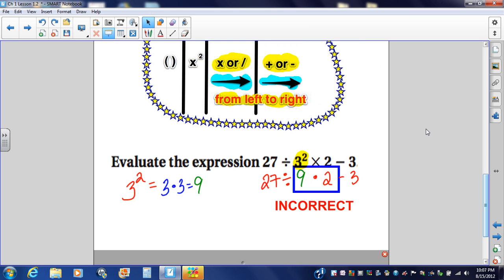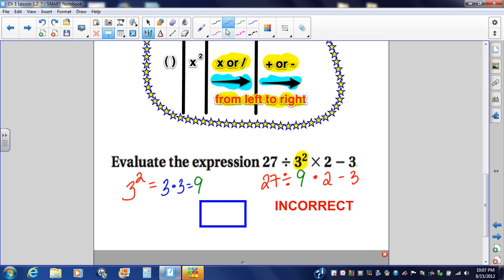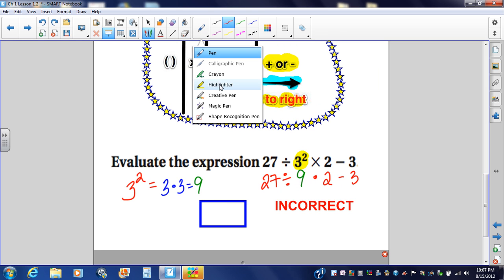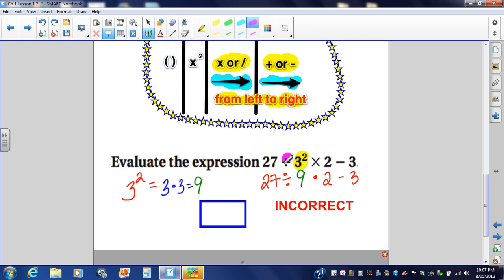Because we said if I have multiplication and division in the same problem, I go from left to right. If it is a tie between multiplication and division, I have to go from left to right.